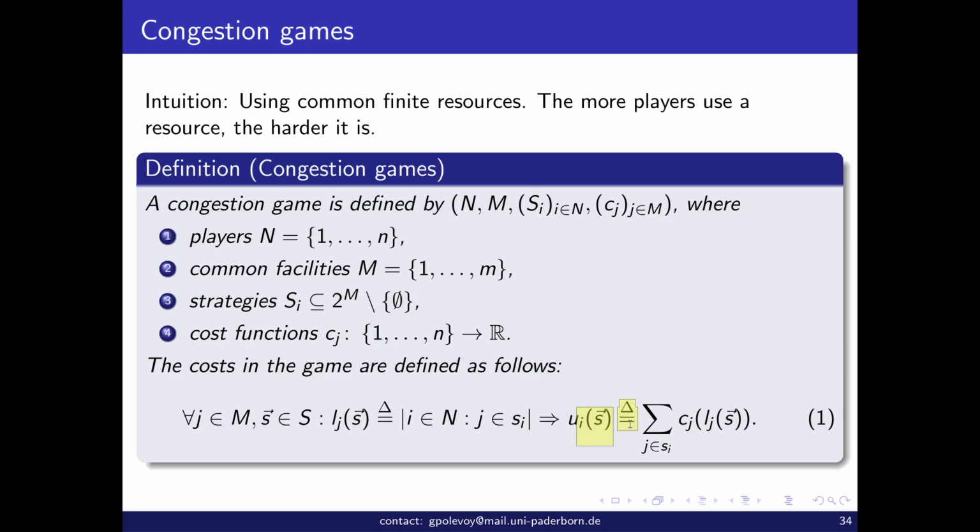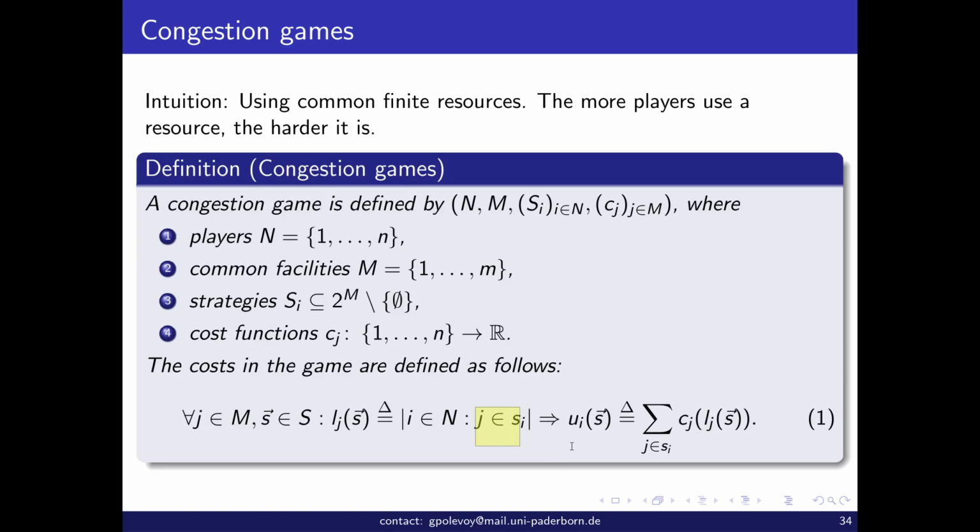So let's say a Nash equilibrium in this case, it's not where no player can increase her utility by unilateral deviations, but it's where no player can decrease her cost. Okay, how do we define the cost of a player based on the cost functions? So first of all, for each facility and strategy profile, we define the load of that facility given the strategy profile, and that's the number of players whose strategies include that facility. So those who use it.